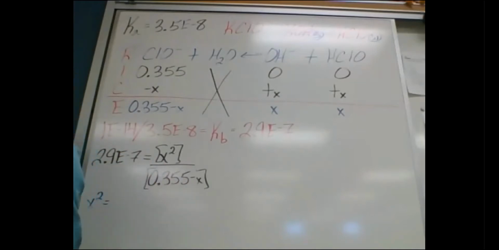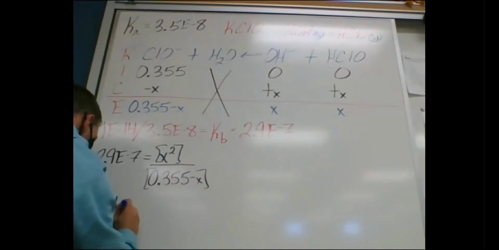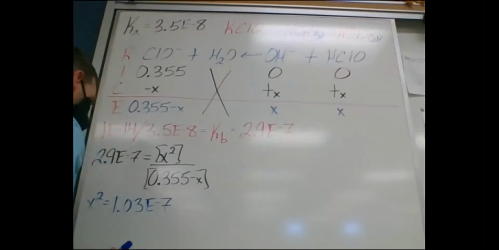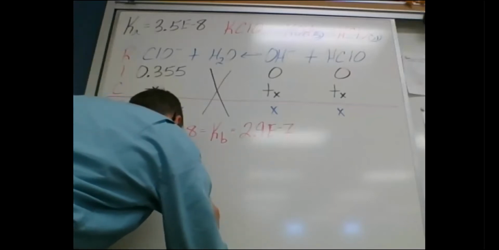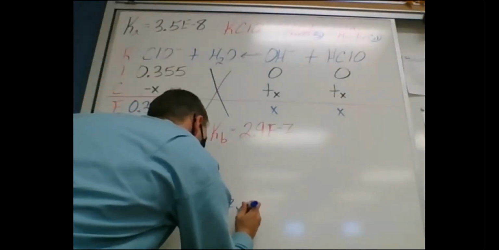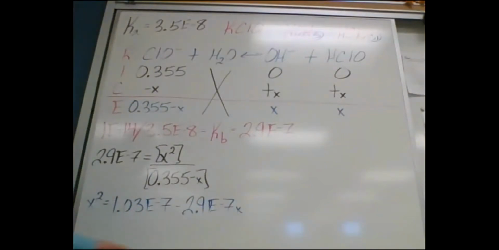Distribute. 0 equals. Keep the x squared positive and reverse the signs of the others.